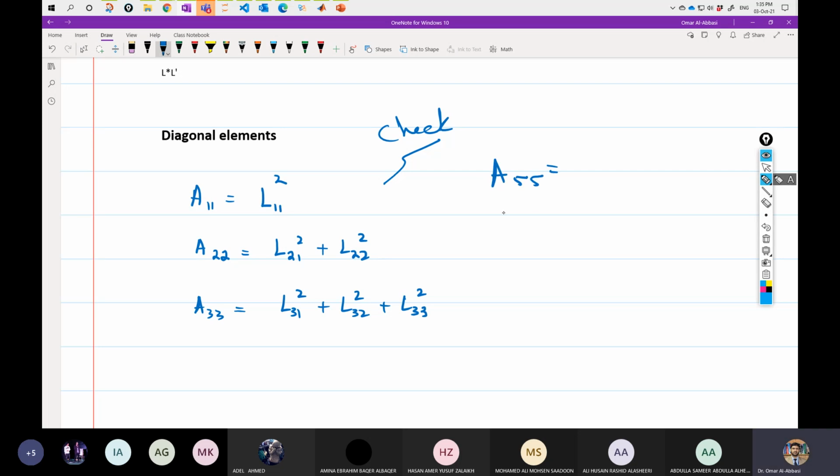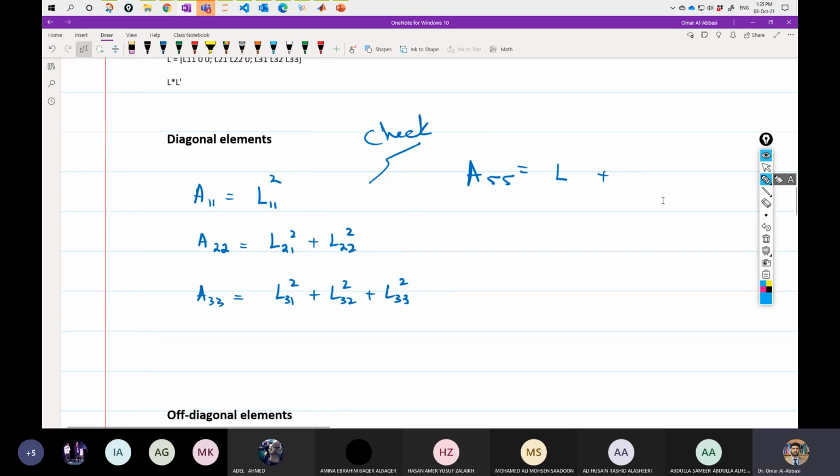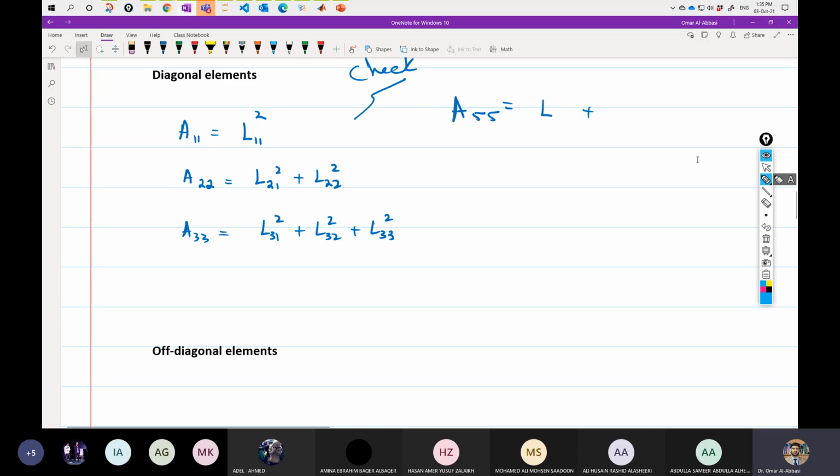How many elements would it have? 5. That's correct. So what are those 5? L51 squared plus L52 squared plus L53 squared plus L54 squared plus L55 squared. Perfect. Now let's generalize it.